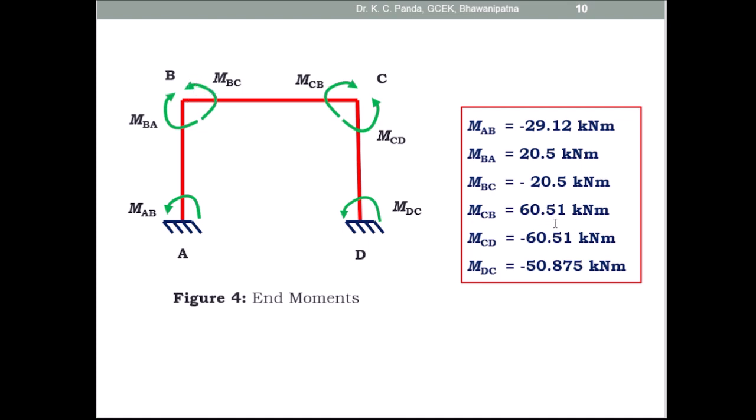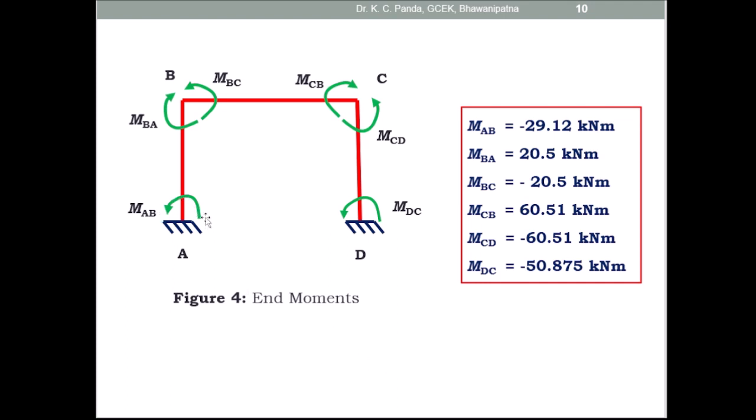MCB this is 60.51 positive, so here you give clockwise, and MCD minus 60.51, so here this is negative, so you give anti-clockwise. And MDC minus 50.875, so this is also anti-clockwise direction. So these are the directions of the moment.